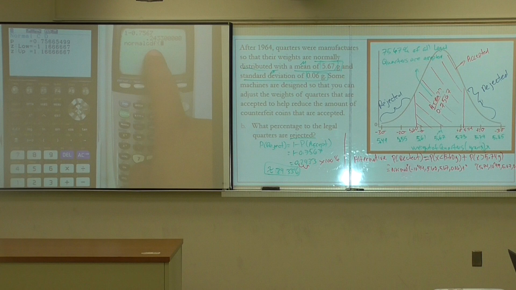The first one is the -10 raised to 99, comma, your 5.60, comma, your 5.67, comma, your 0.06. So that's your first one, plus the next one.